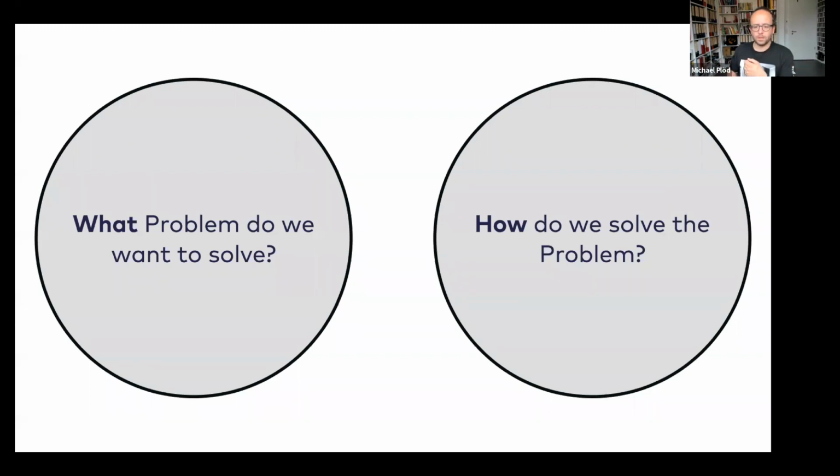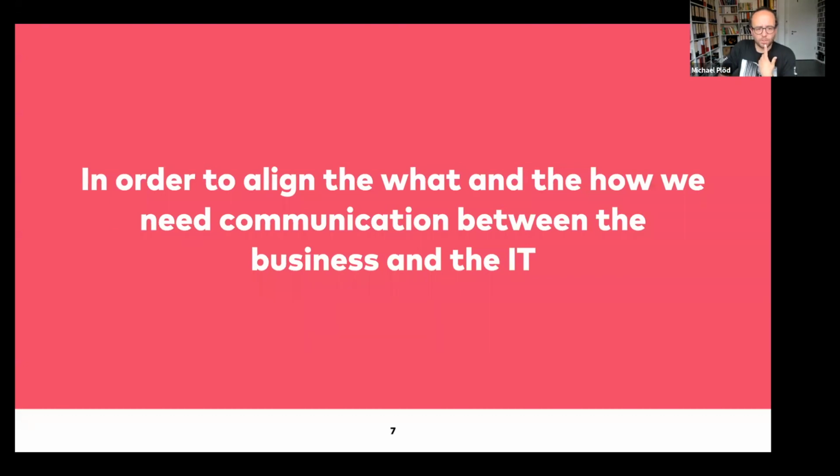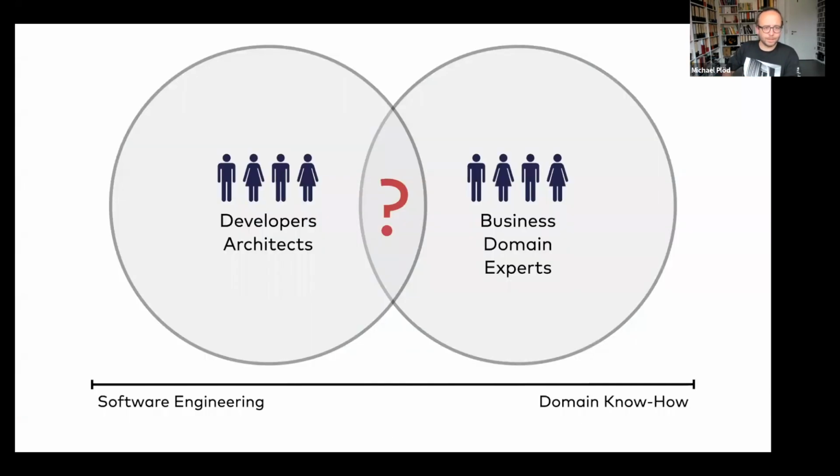But to be able to do that, we need a lot of communication between the business domain experts and the folks in IT. I would say everyone agrees with me that this is a good idea.